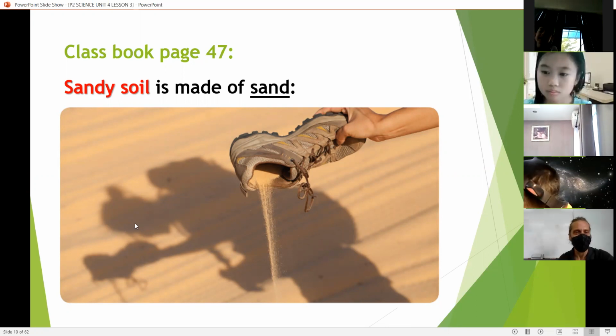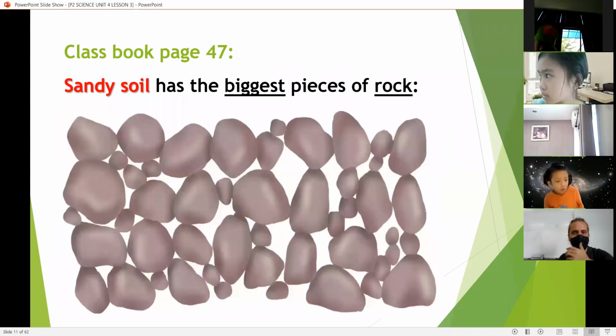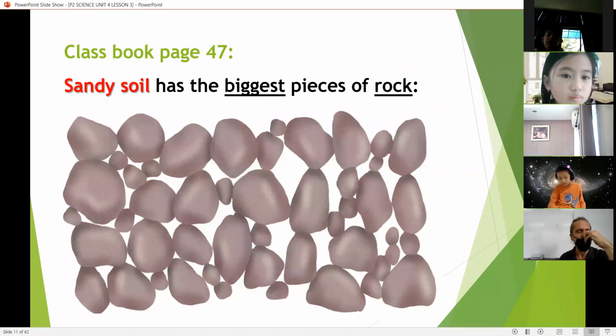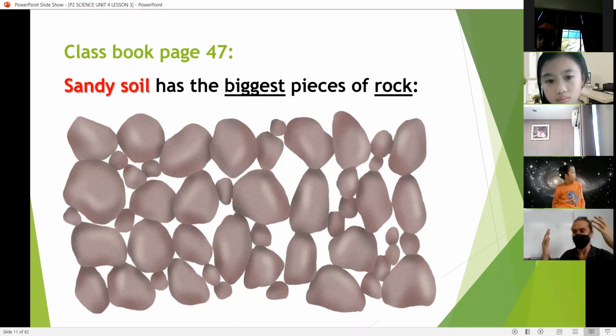So well done, guys. Sandy soil is made of sand. Sandy soil has the biggest pieces of rock.